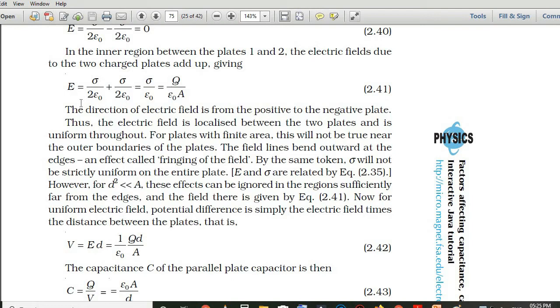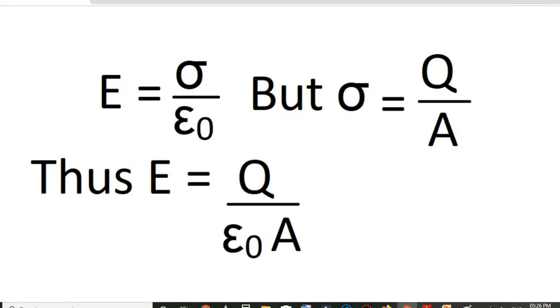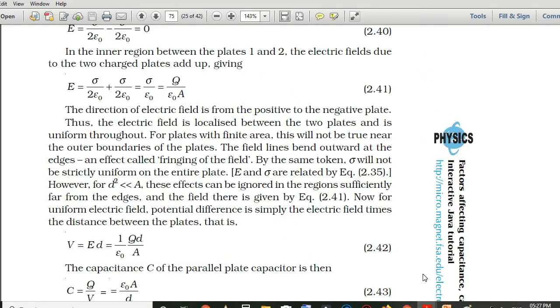Electric field E is equal to sigma by epsilon 0, but sigma is equal to Q by A. Therefore, E is equal to Q by A epsilon 0.